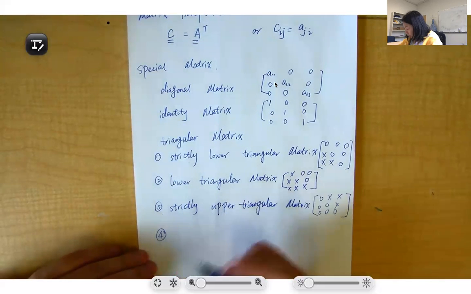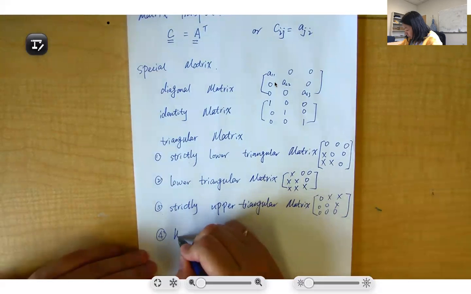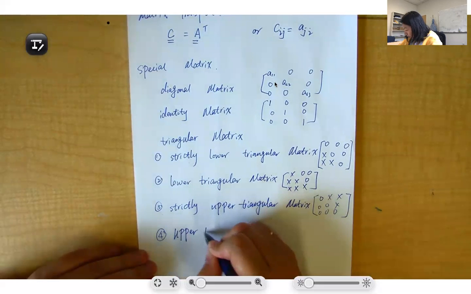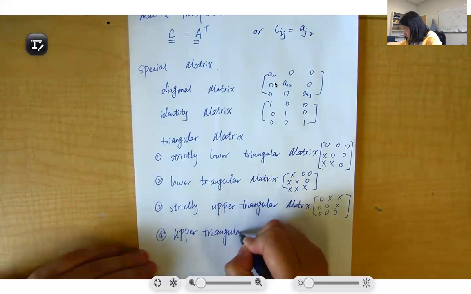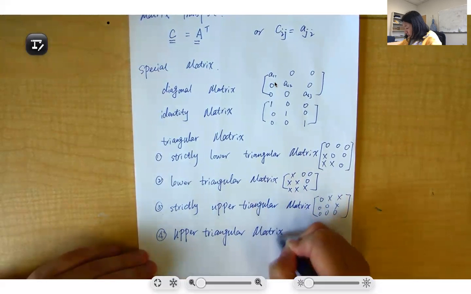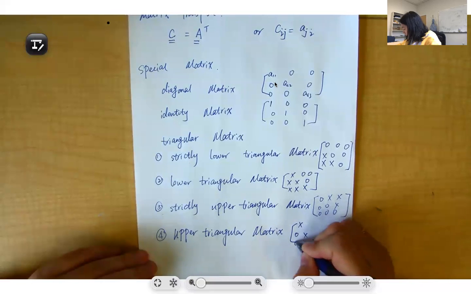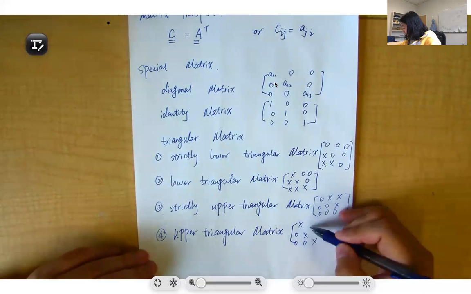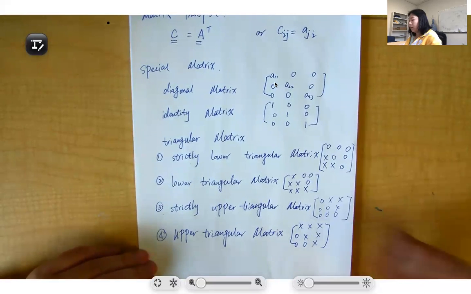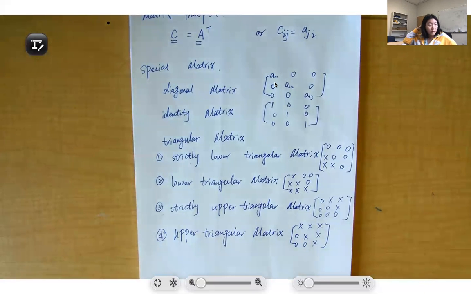The number 4 type will be the upper triangular matrix without this strictly word, which will be x, x, x. So there are some numbers at the diagonal part as well as the upper part. So there are some special types of the matrices. We will have more later, but just check the notes and refer to the notes and see the other special types of the matrices.